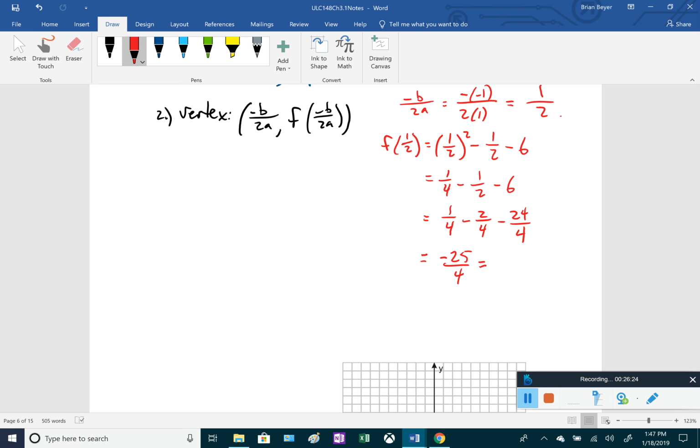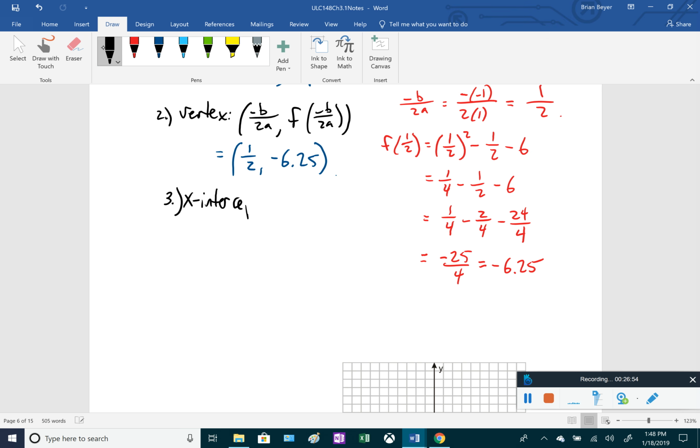Preferably be able to write this as a mixed number, just so you can figure it out as a decimal. It would be -6.25. So a little messy, but that's okay. So the vertex is the coordinate 1/2 comma -6.25. Not ideal, but that should be fine.